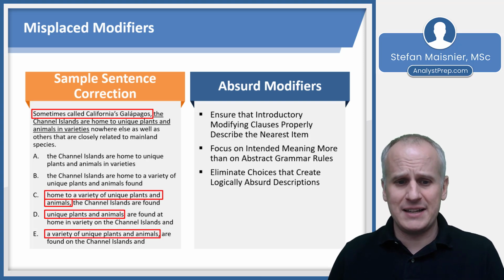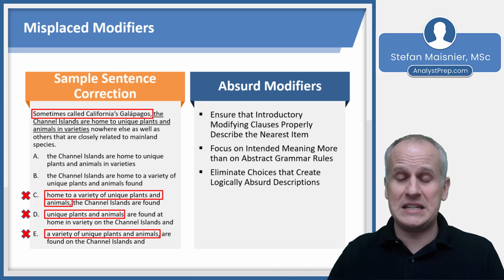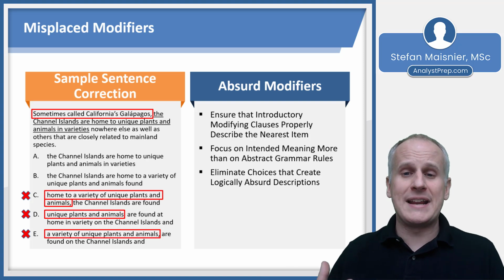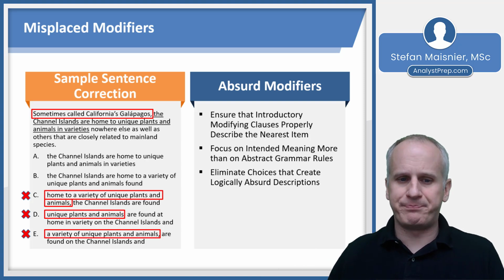That doesn't make any sense. Unique plants and animals are not going to be called California's Galapagos either, and a variety of unique plants and animals is also not going to be called California's Galapagos, so we can eliminate choices C, D, and E, each for creating an absurd definition.